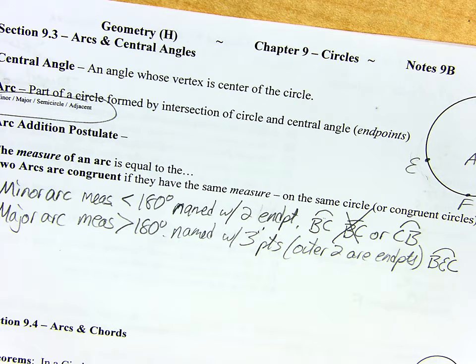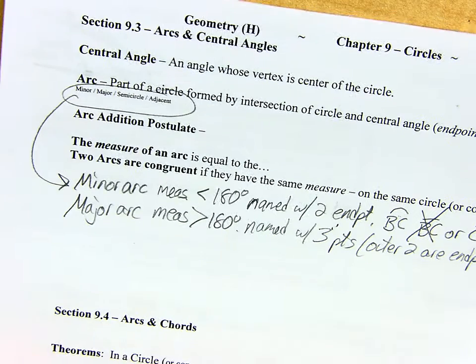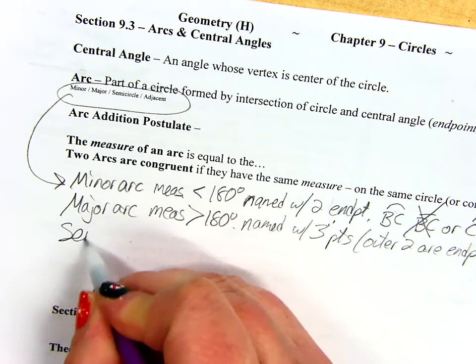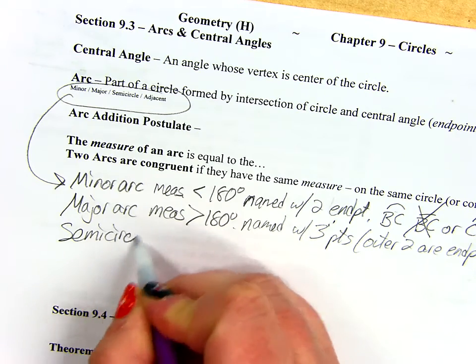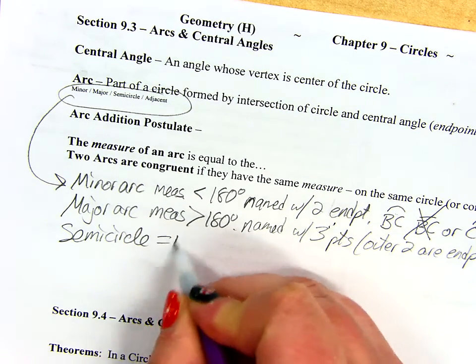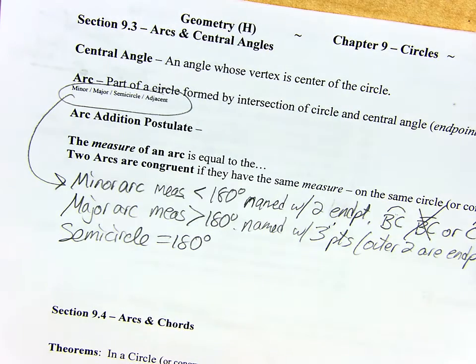Hemi is maybe for 3-dimensional, while semi is for 2-dimensional. Yeah, I don't know. So, semicircle. Glass, which is 2D, not really, is semi-transparent. So, semicircle measures exactly 180.